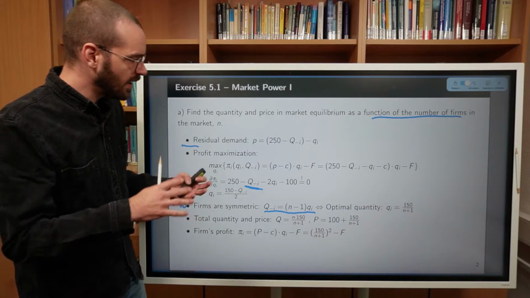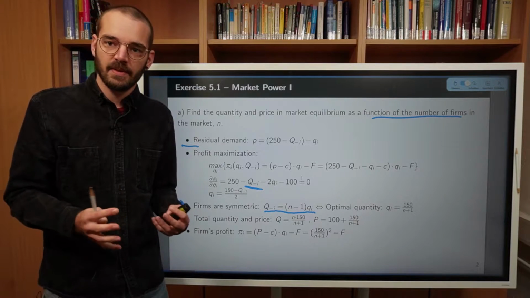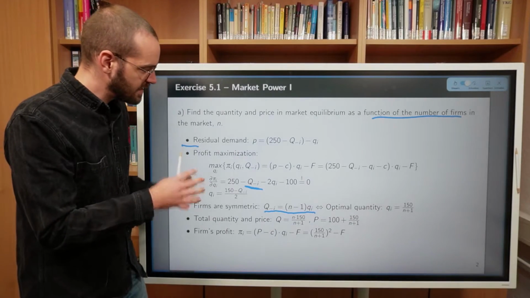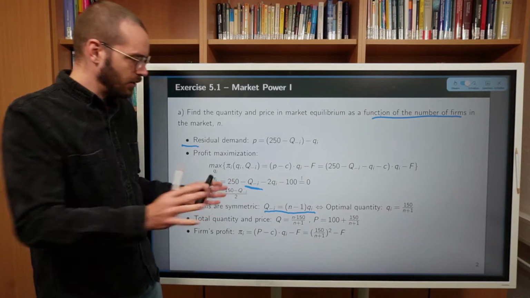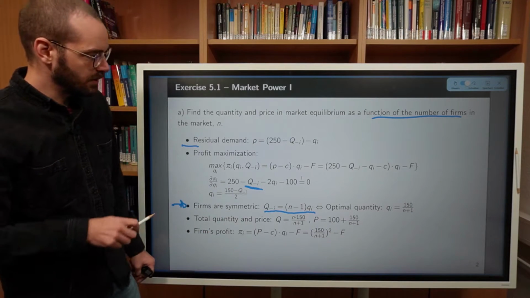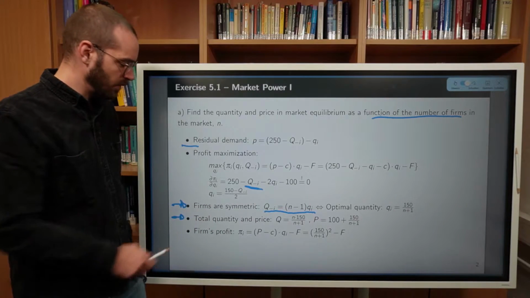And in this specific case, we are not even going to substitute the number of firms n. But instead, if we just stick with this parameter n and solve our equations for any number n, then we arrive at the results that are pointed out in these last two bullet points on the slides.